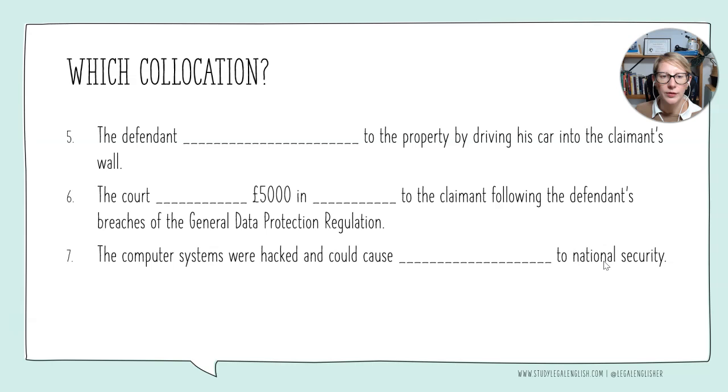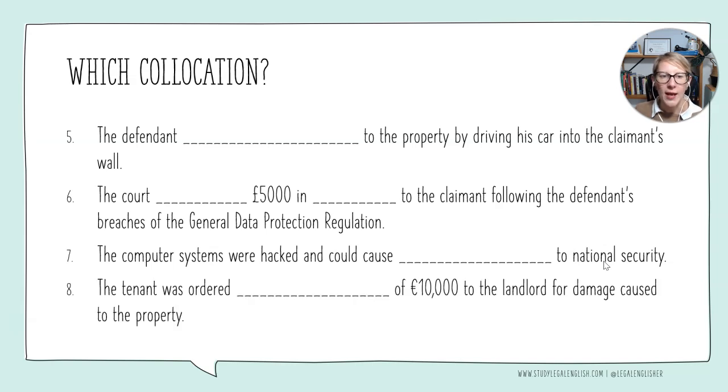Okay. Remember that here you're filling in with a collocation. It's not just one word, all right? Number 8. The tenant was ordered of €10,000 to the landlord for damage caused to the property. Okay.